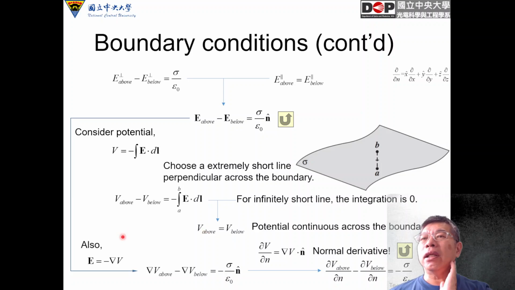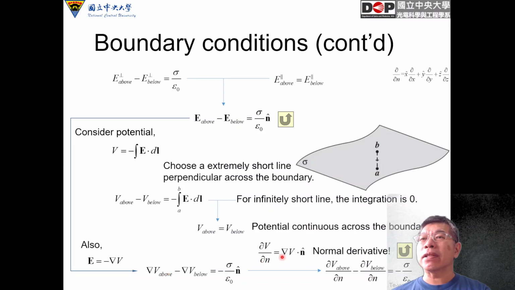Also, since we have the electric field, we can rewrite it in terms of the potential above and below. This is the direct potential value, and here is the normal derivative of the potential.